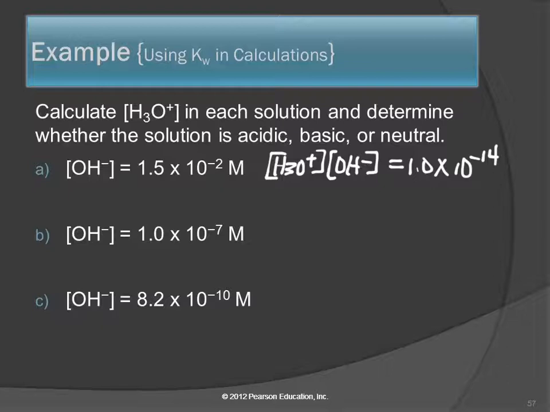Thankfully, that equation has no fractions in it. We're given hydroxide ion concentration. We need to solve for hydronium ion concentration. Always a good idea to rearrange your equation first and then put the numbers in. So I'm going to divide both sides by the hydroxide ion concentration.